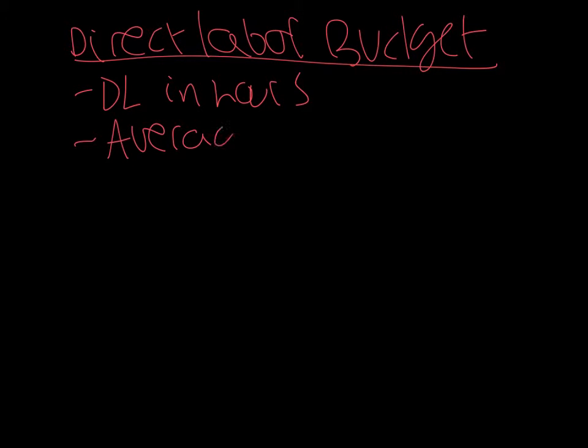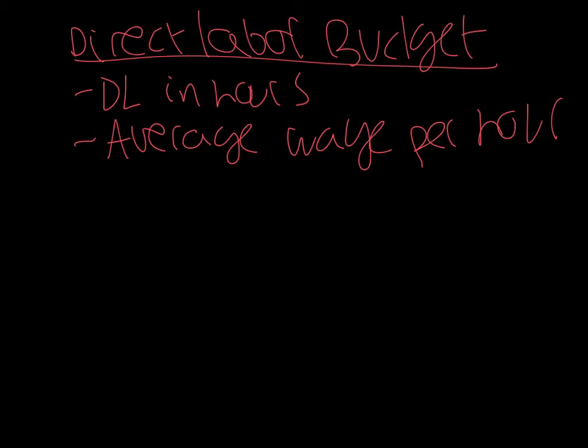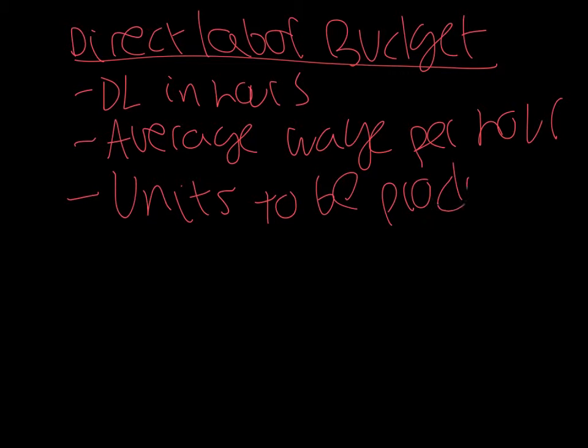This is shown in direct labor in hours and usually the average wage per hour. So it has the units to be produced, which is from the production budget. Next, I will delve into exercises for the production, direct materials purchases budget, and the direct labor budget.